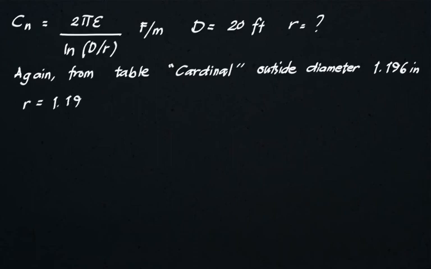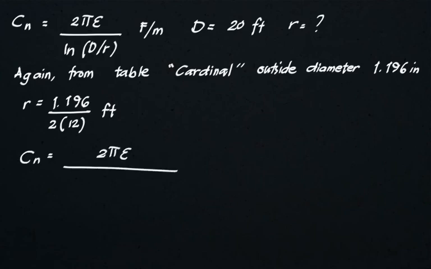We convert this outside diameter to the radius, then convert to feet, because the distances of the conductors are in feet. So your Cn will simply be plugging in everything here: ln of 20 over that r.